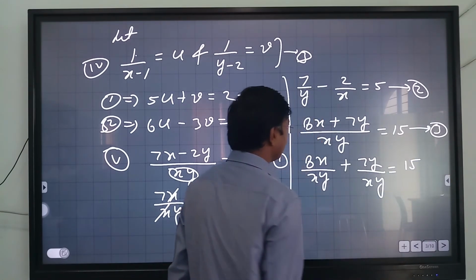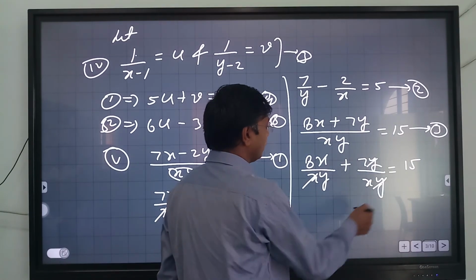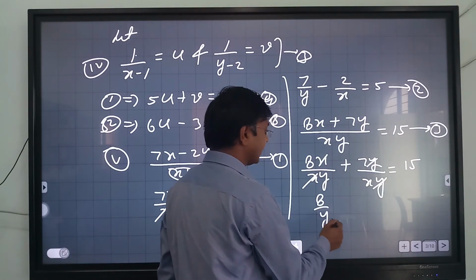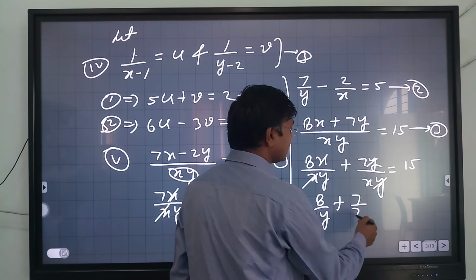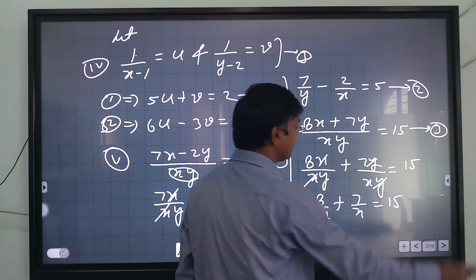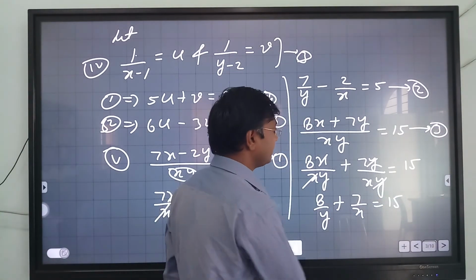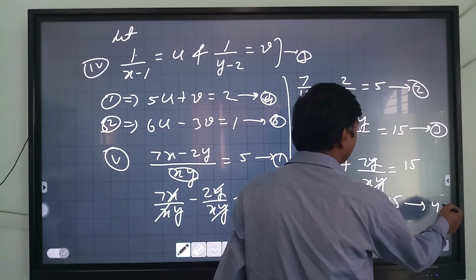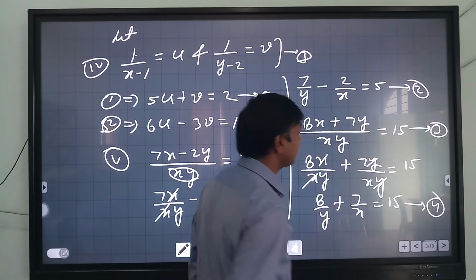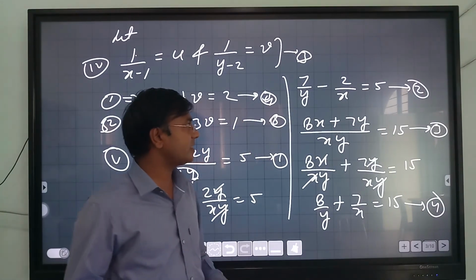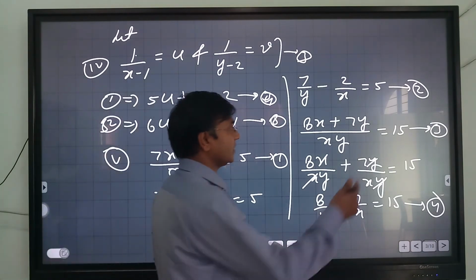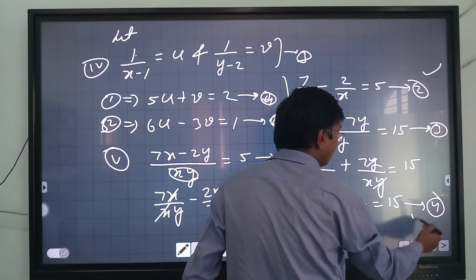Equals to 15. So x or x cancel, y or y. 8 upon y plus 7 upon x equals to 15. This is equation number 4. So now we clearly see equation second. We have to solve equation this second and fourth.